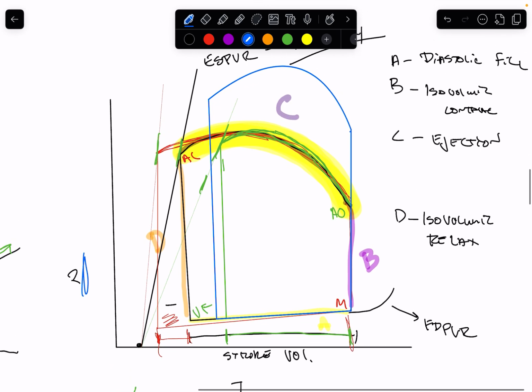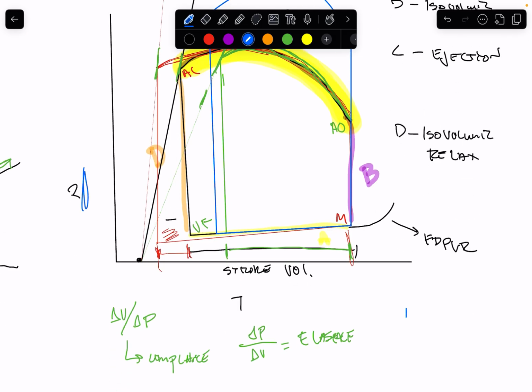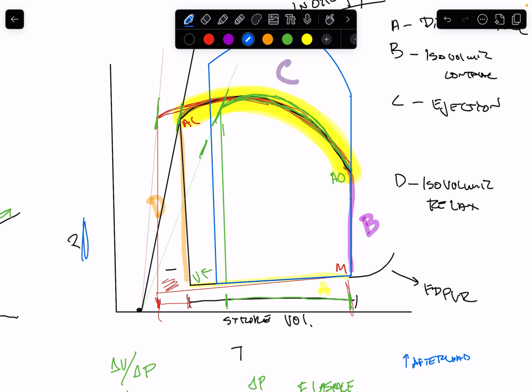Now, blue is the increase in afterload. That's what it'll look like. But if we have a decrease in afterload, we'll get purple. What we're going to have is a slight deviation in this direction, so there's going to be less volume in the heart.